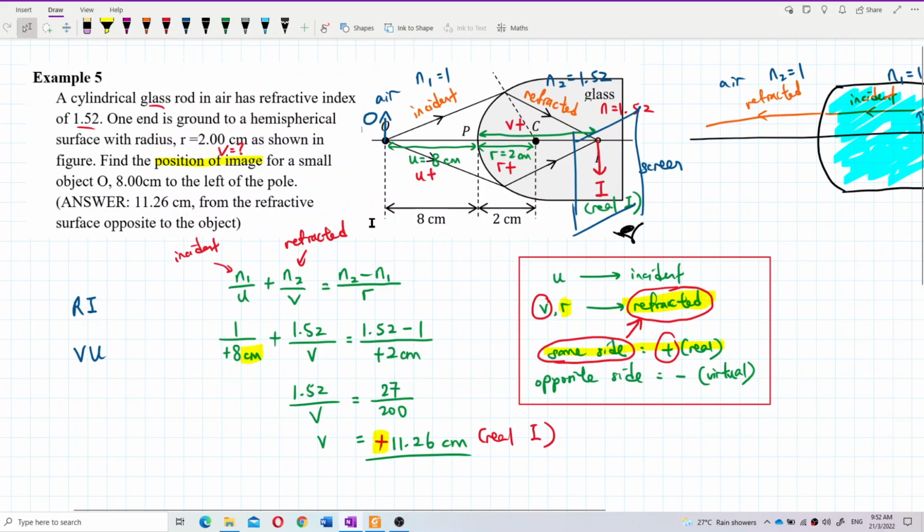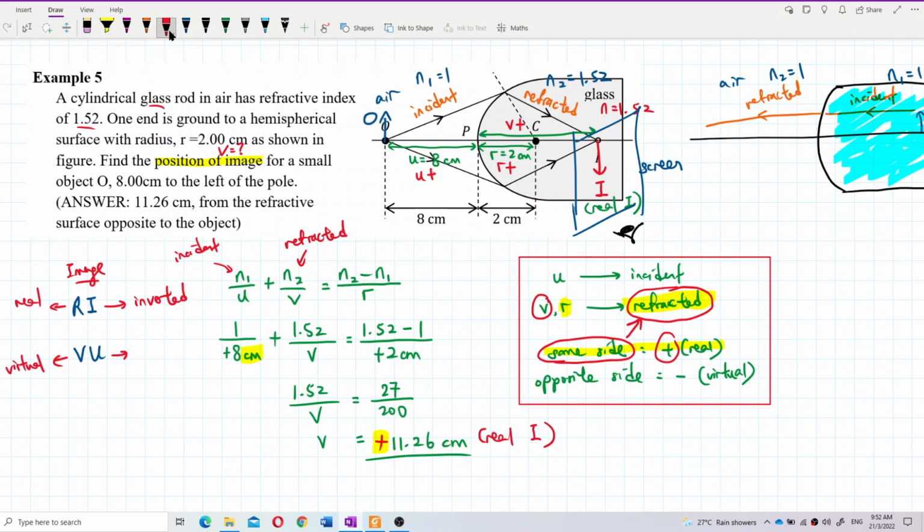So a real image is always inverted. A virtual image is always upright. That's why I draw the image inverted, because I found out it is a real image, because V is positive. Real image always inverted, virtual image always upright.